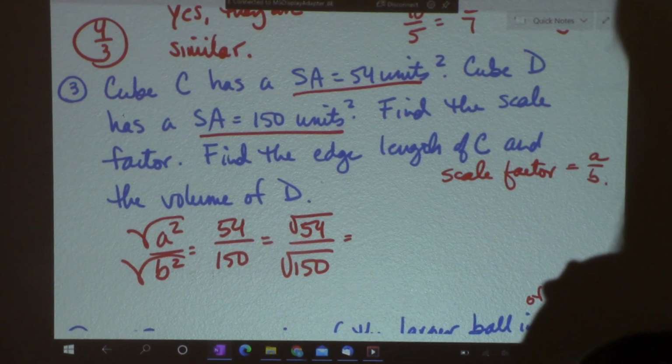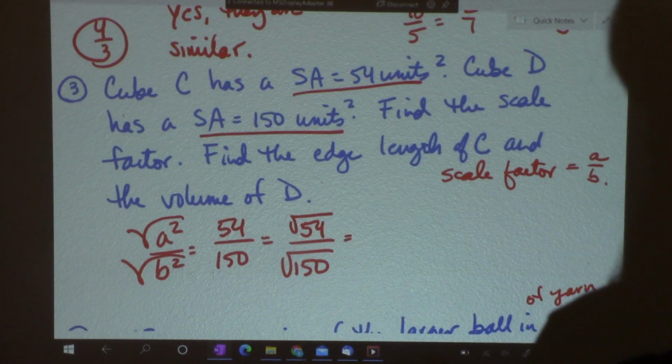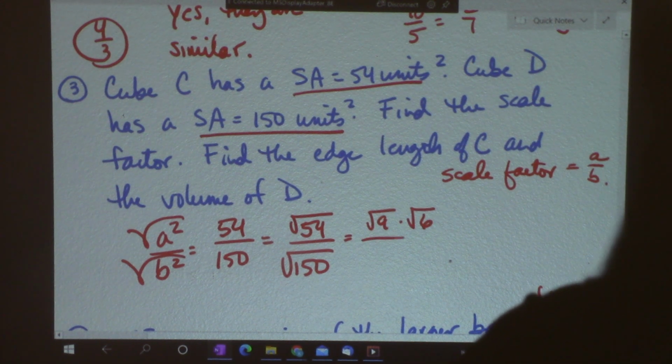How about 9? 9 goes into 54 6 times. How about 16? 16 goes into 48, so that doesn't go in. How about 25? Nope. 36? No, 36 times 2 is 72. So our largest perfect square that's a factor of 54 is 9. So I'm going to change this to the square root of 9 over the square root of 6.